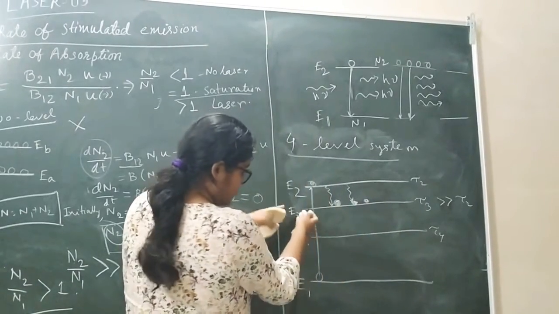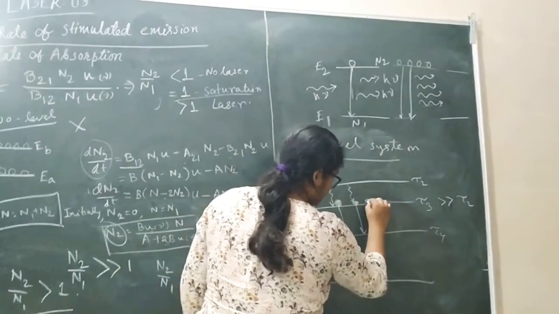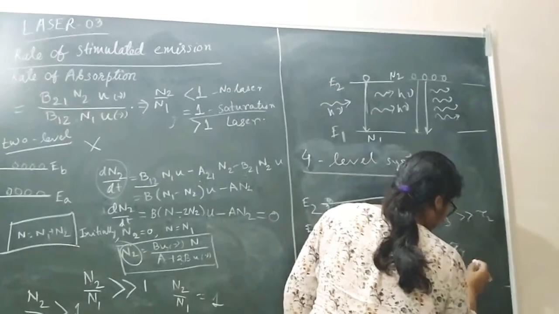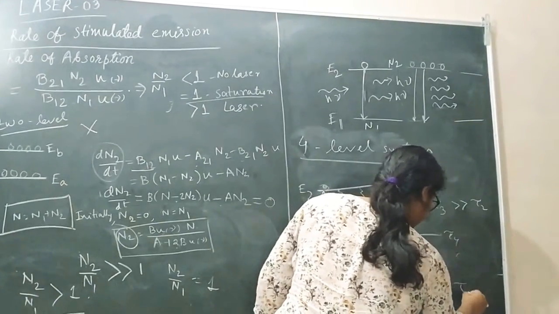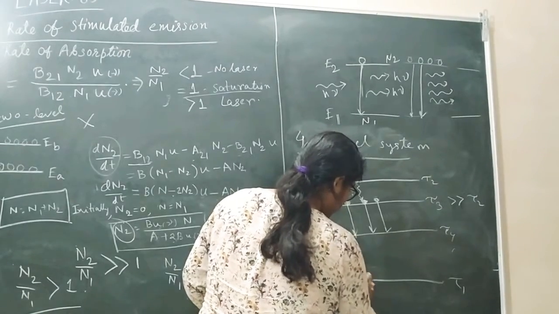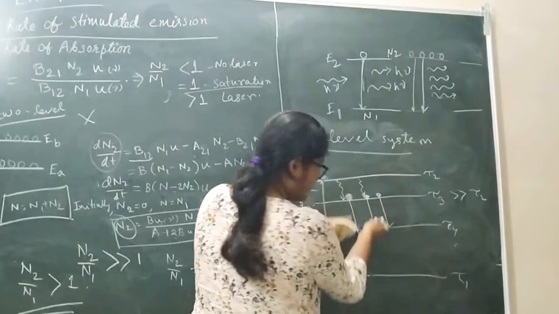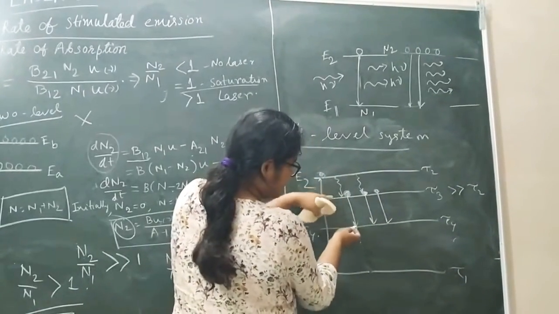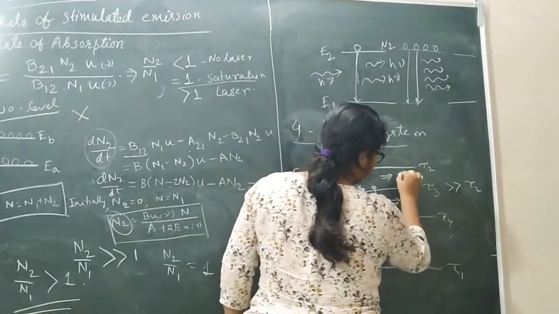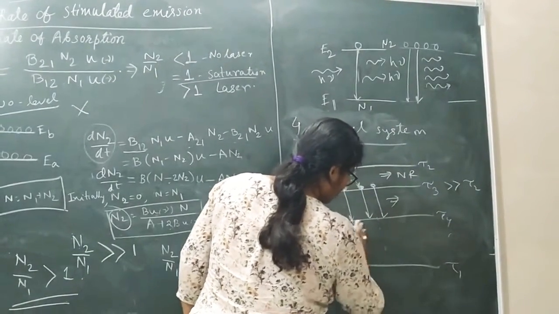Now from level E3 it can radiatively decay to E4. The transition between E3 and E4 is the radiative decay, but between these 2 levels it is non-radiative decay, and between these 2 levels also it is non-radiative decay.